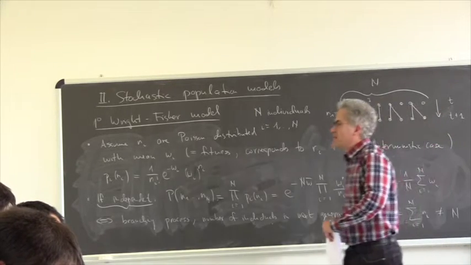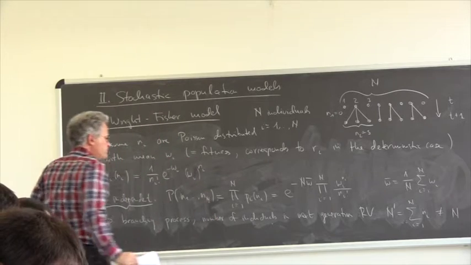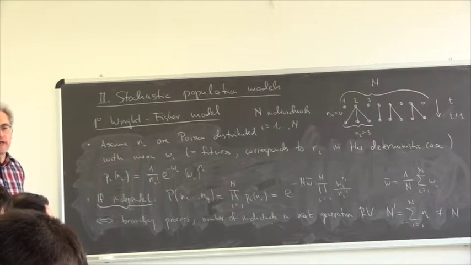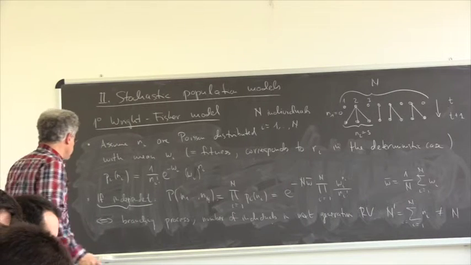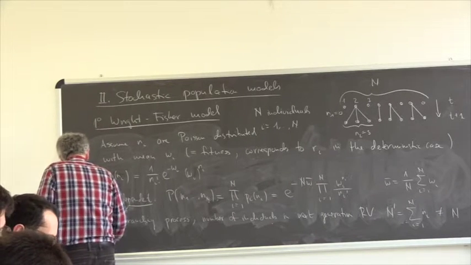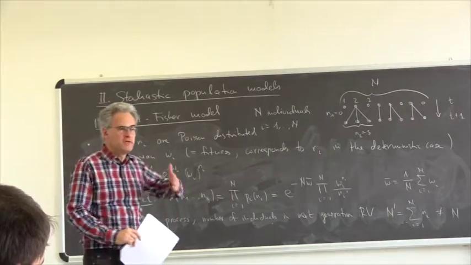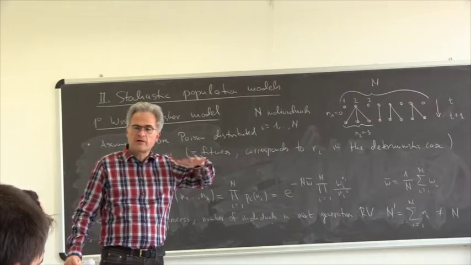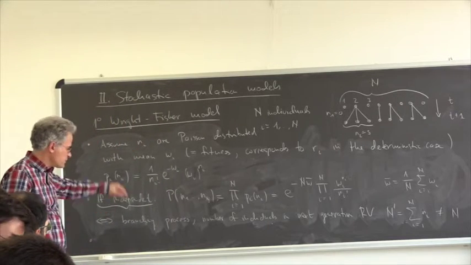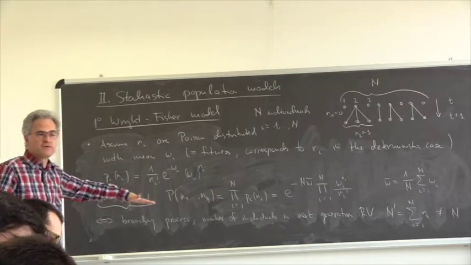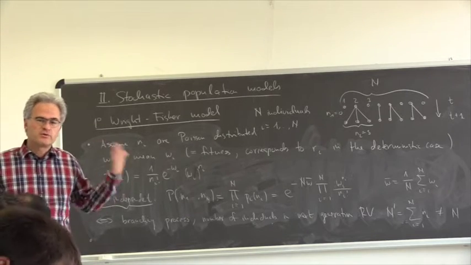Now you could think, okay, maybe we can make it be equal to N on average by saying that the mean fitness should be 1. So if we impose that the mean fitness is 1, then you might think that on average the number of individuals shouldn't change. But the theory of branching processes tells us that if we do that, then the population will go extinct with probability 1.